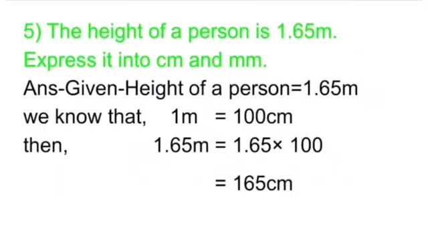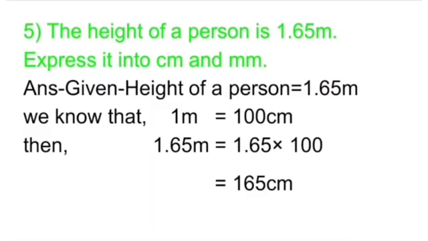Question number 5. The height of a person is 1.65 meter. Express it into centimeter and millimeter. So answer is, we know that given is height of a person, that is 1.65 meter.